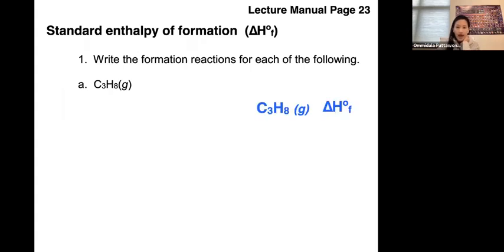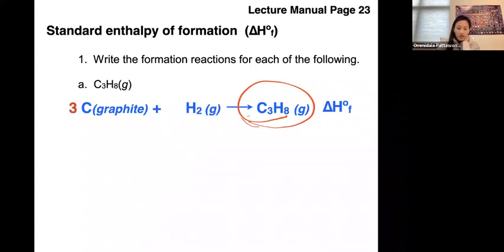So in this case, we have propane C3H8 gas, and the delta HF, or the standard enthalpy of formation of this, is going to come from, by definition, in order to make 1 mole of this, the elements that made this up, which contain carbon graphite in that standard state, and hydrogen too.